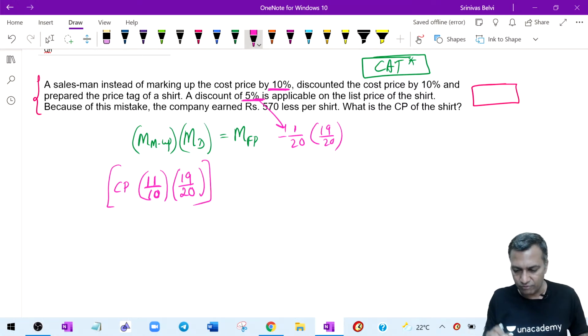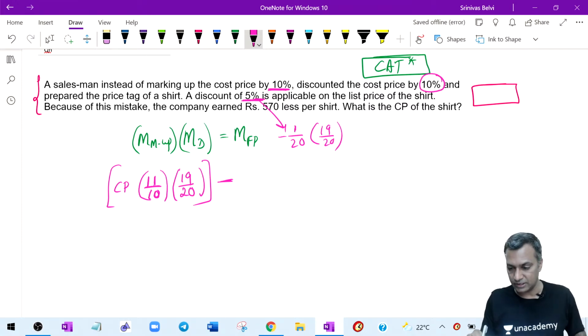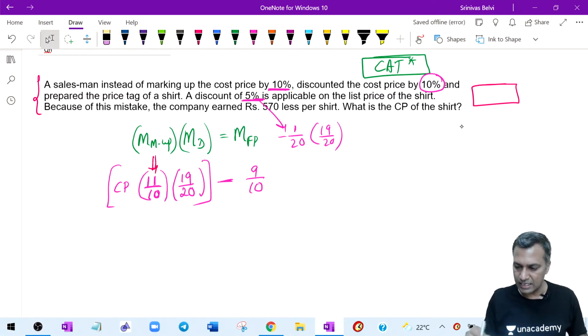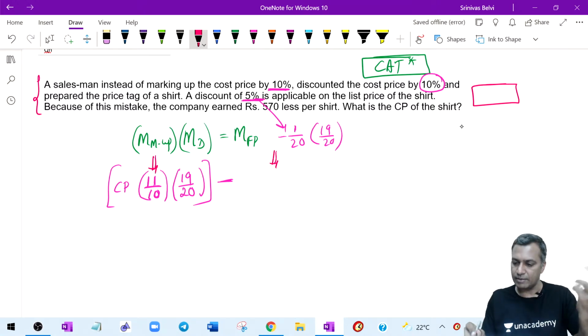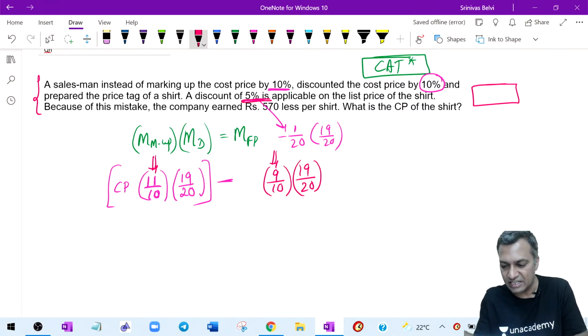Instead of doing this, what this fellow did is he gave a discount. By listing itself, he listed down by 10%, which means he made it 9 by 10 instead of 11 by 10. And being unaware, he again gave a discount of 5% on it. Therefore, 9 by 10 into 19 by 20, because he gave a discount of 5% as usual, because he listed it wrong.